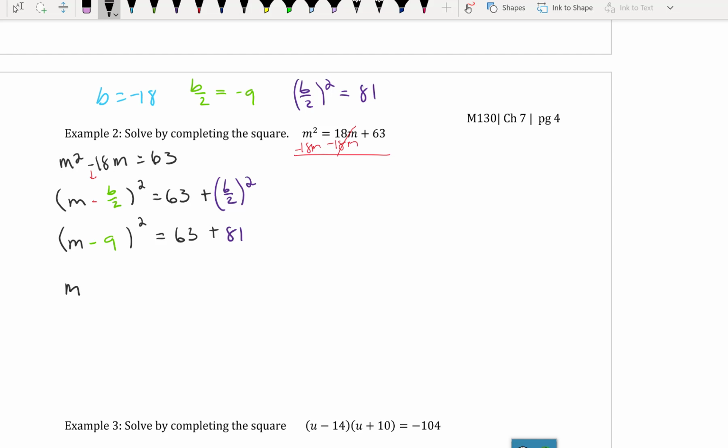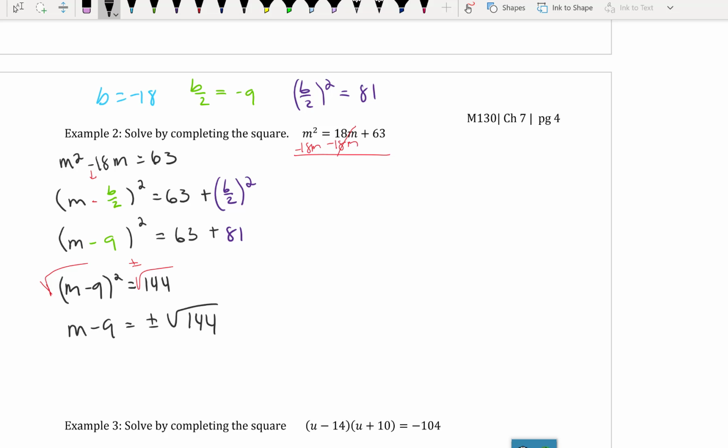So now m minus 9 squared is equal to, and I have 63 plus 81, which is 144. So I am going to square root both sides, so that m minus 9 is equal to plus or minus the square root of 144.